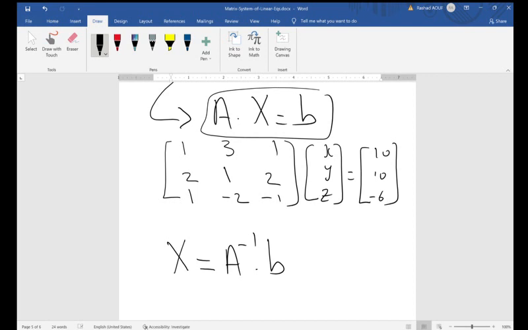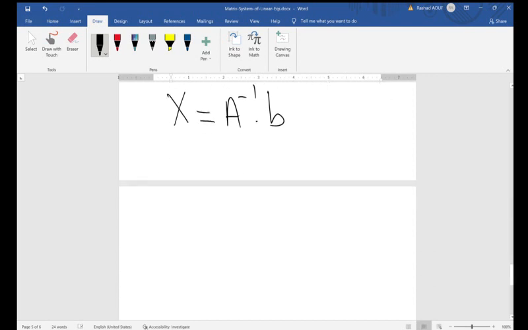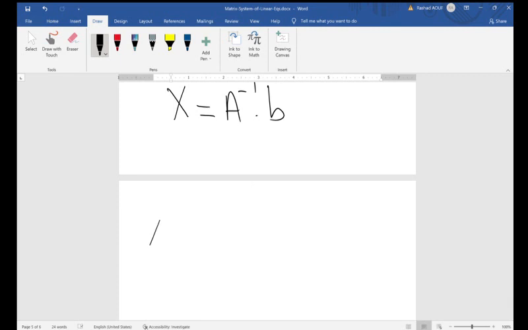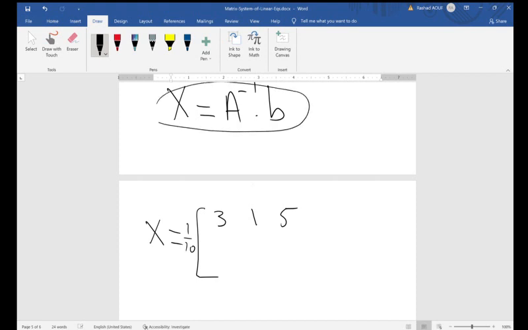So how can I do it? x equal A minus 1, which is 1 over 10 times, the inverse for it is 3, 1, 5. This is a rule, so you can do it immediately if you have A minus 1.